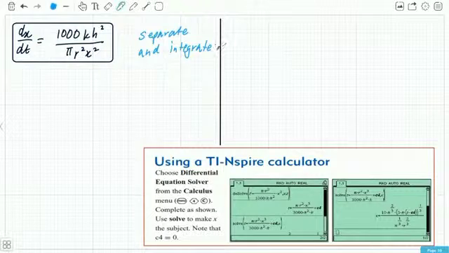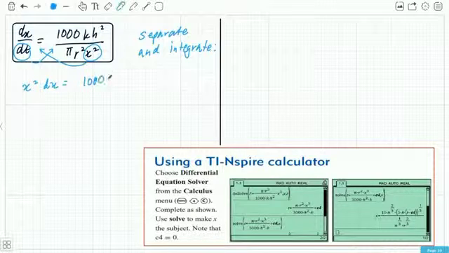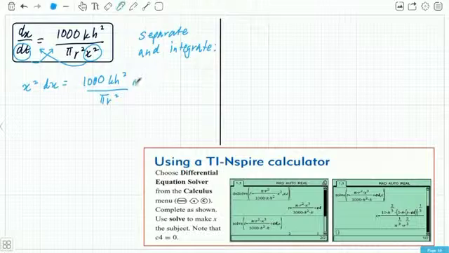I'm going to take the dt up to this side, and all the x stuff, all of this is just a constant, so the x is just the x squared, the x component here. I'm going to take that to the other side as well, and bring this up. So we're going to have x squared dx equals 1000kh squared over pi r squared, and bring the dt up. I'm now going to integrate both sides.